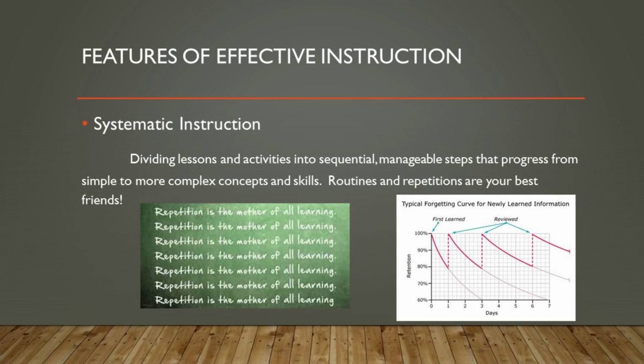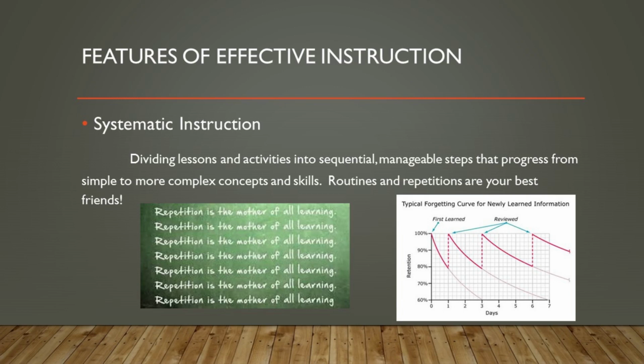The second feature of effective instruction is systematic instruction. That is where you divide lessons and activities into sequential, manageable steps. You're really breaking it down step by step, from simple to more complex concepts and skills. So think about paragraph writing.